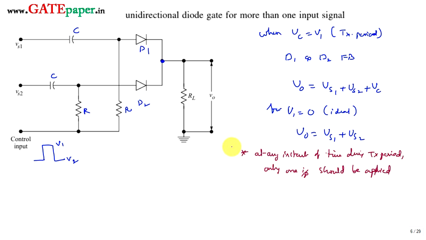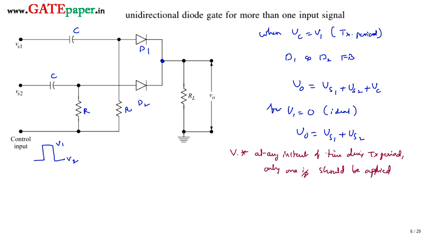This is a very important limitation, the disadvantage of this circuit. So during the transmission period, V0 is equal to Vs1 plus Vs2 when the V1 level is at 0 volts, but you must apply only one signal at a time.